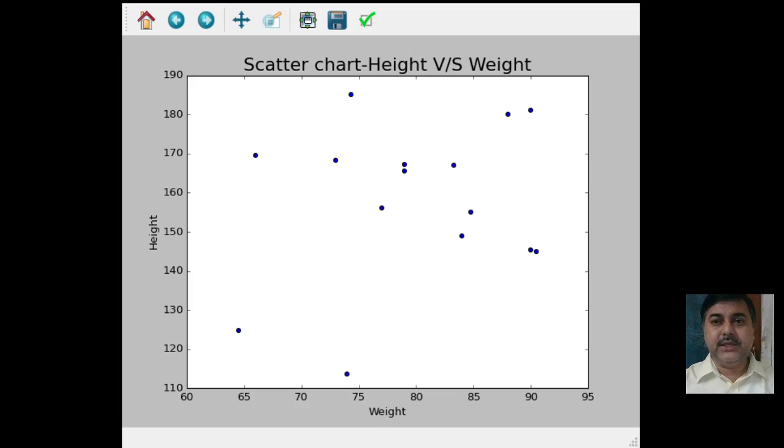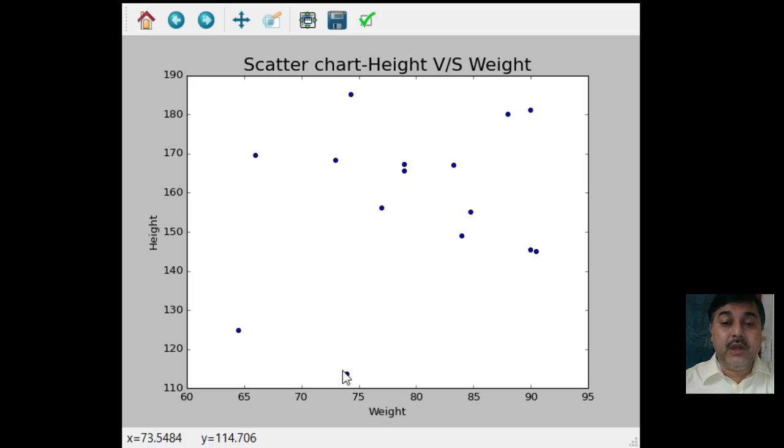Now see here, this is the output we derived. In this output, based on the different values of height and weight, a point has been given. The points are not attached.